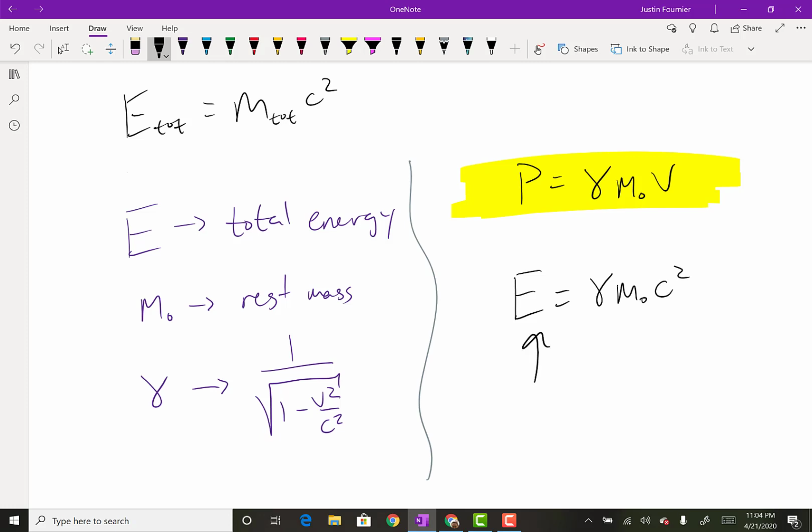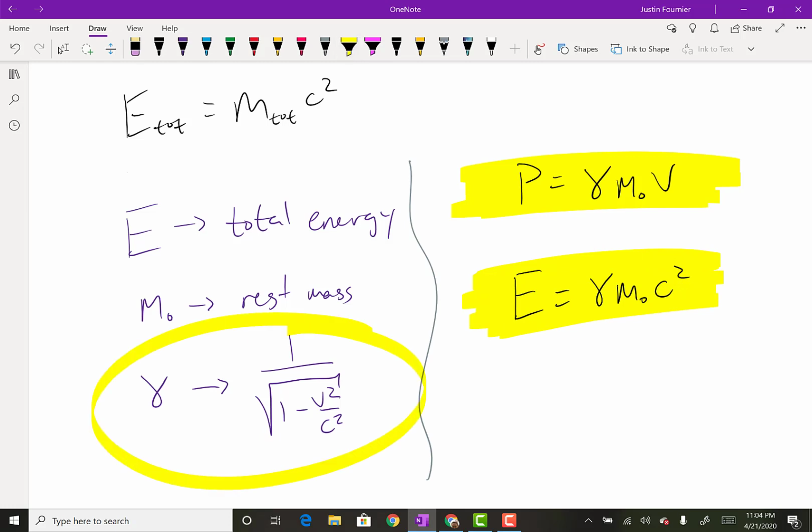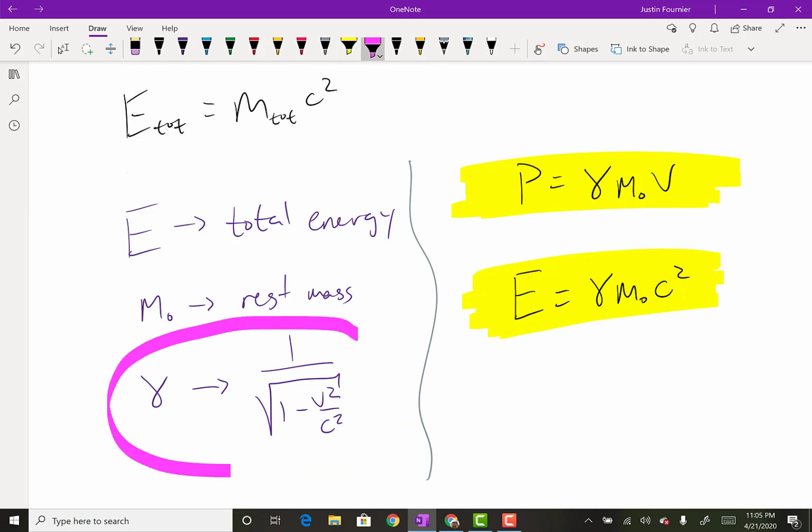Remember, this is total energy. Don't forget that. I think that's all you need. On top, you might want to throw this in your back pocket as well. You might need that term. That's what I did when I derived it, but there are multiple ways to do this.